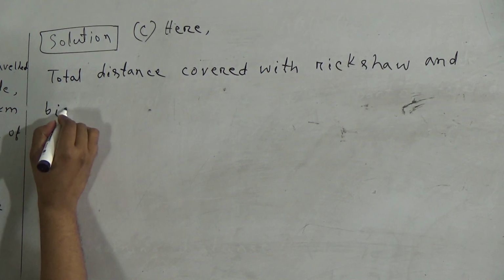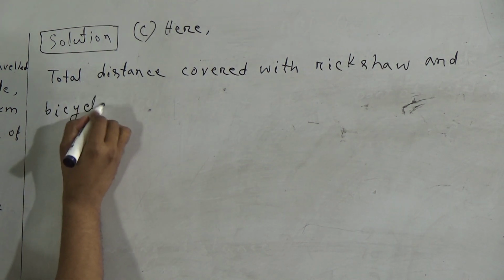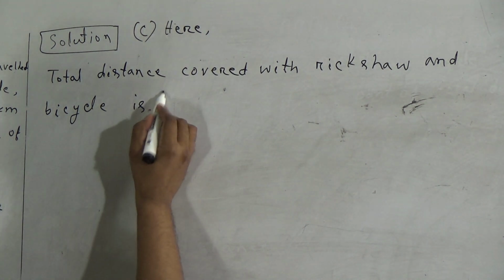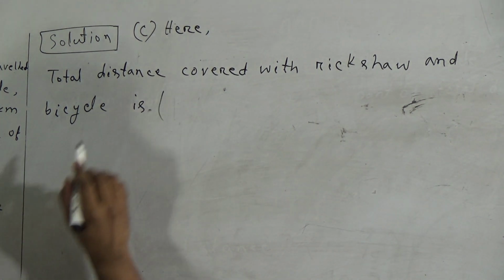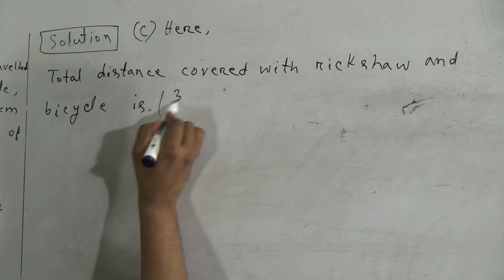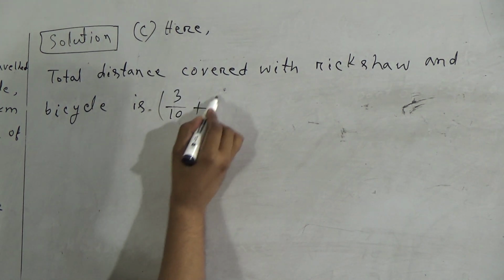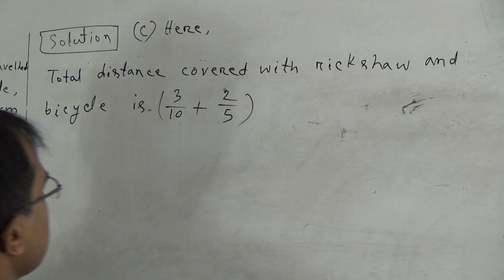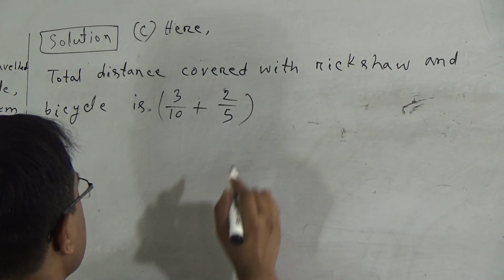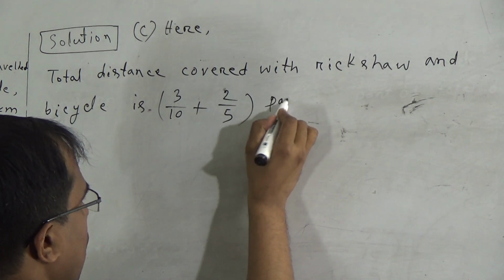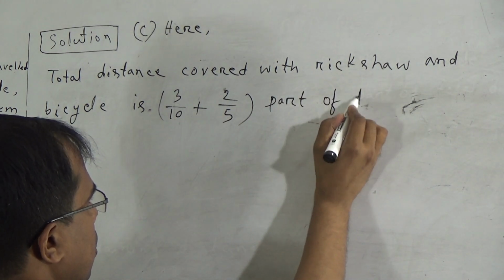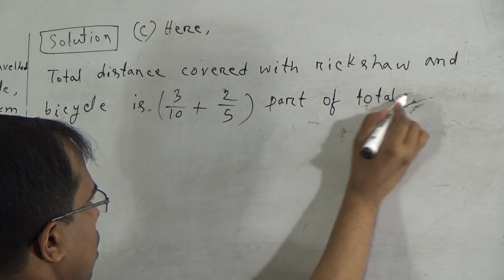Rickshaw and bicycle is 3 by 10 and 2 by 5. 3 by 10 plus 2 by 5 part of total distance.